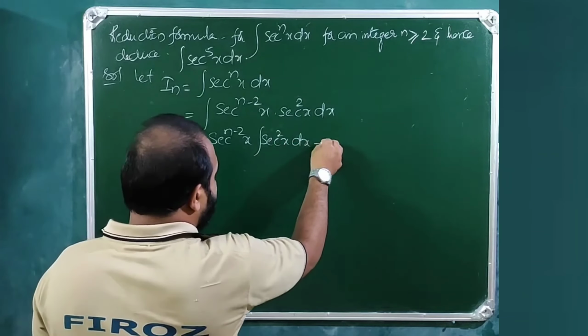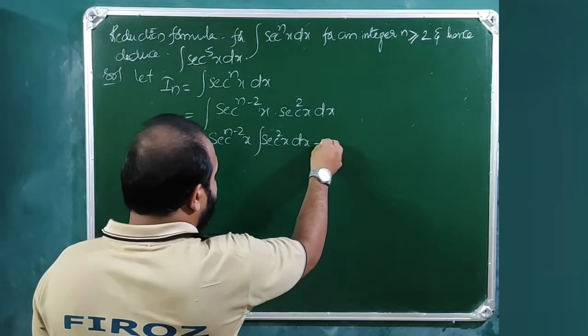And this sin square x can be replaced as 1 minus cos square x dx. Again, cos power n minus 2 x, sin power m plus 2 x can be written as sin power m x into sin square x. So bases are equal, exponents are to be added, m plus 2. So this sin square x I have written to be 1 minus cos square x.